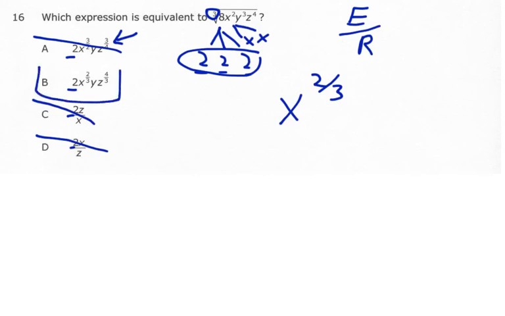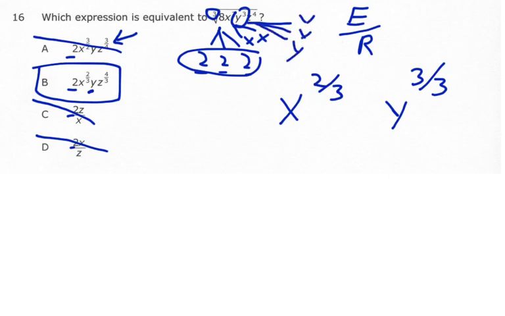Let's go ahead and prove why it's B. Look at your y. That y there is to the 3rd power. So y to the 3/3 is just y to the 1st power. And you can see that B has y to the 1st power, so that works. Another way to think of that is you have 3 y's.